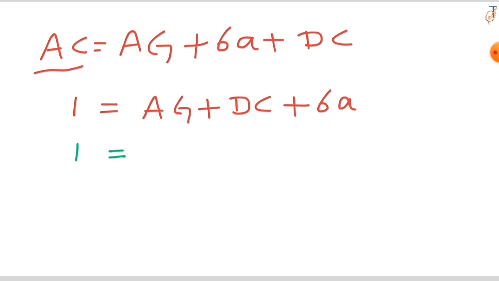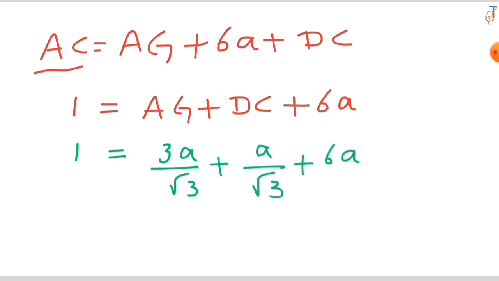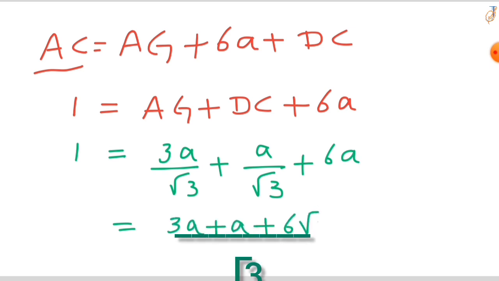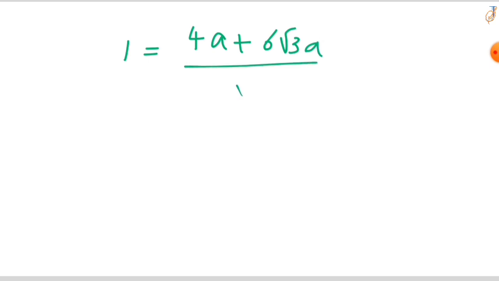1 equals the AG length, 3A over root 3, plus the DC length, A over root 3, plus 6A. If you take the LCM, you will get 3A plus A plus 6 root 3 A. So 1 equals 4A plus 6 root 3 A over root 3.